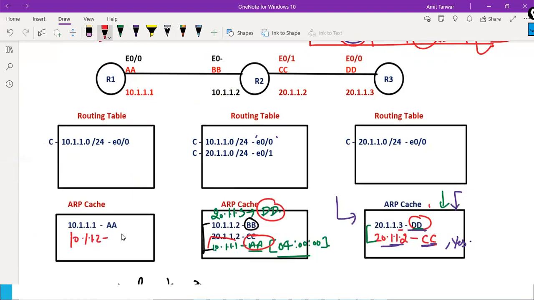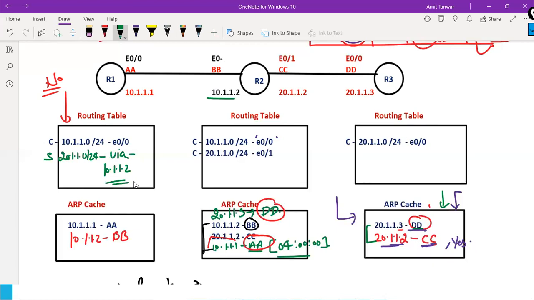So the first time it checks its routing table, do we have any routes? The answer is no. So then we need static routing over here. In the static routing, we have to mention 20.1.1.0/24, how to reach? Go via the next hop, and that is 10.1.1.2 there.